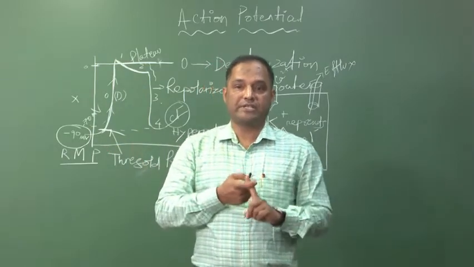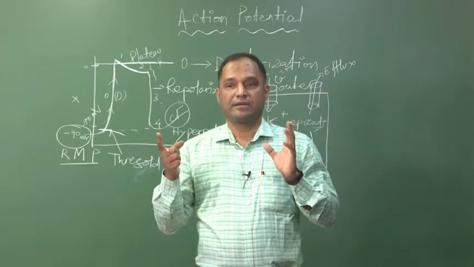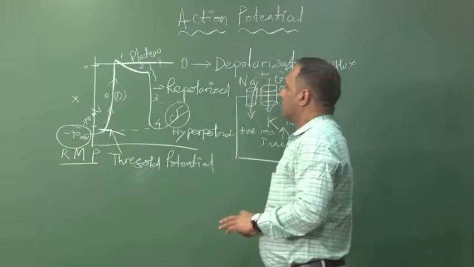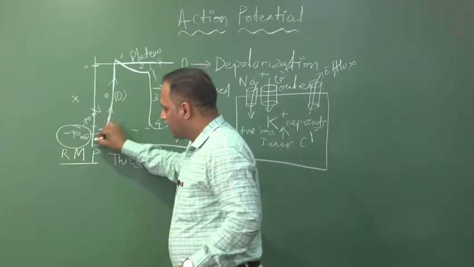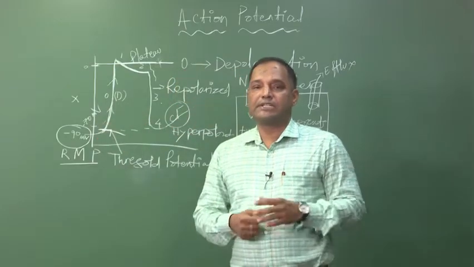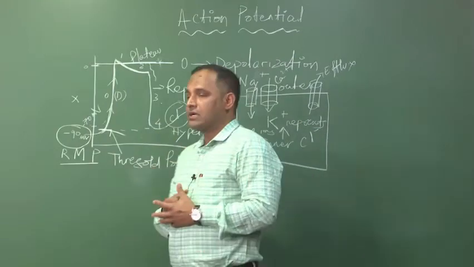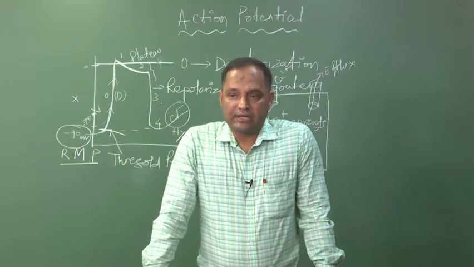That means if it is a disorder, then it will show a disease, or the person will be diseased. So the action potential has this resting membrane potential, where the cell is resting.